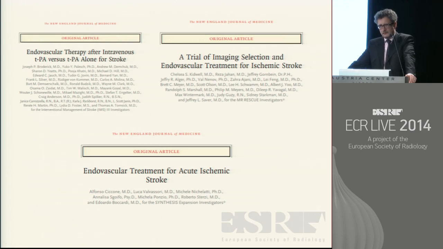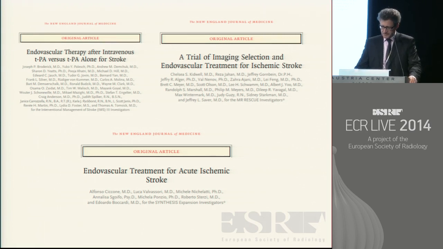So if you read the literature, probably you came across 3 papers which were published early last year. All 3 have been published in the New England Journal of Medicine. And if a paper is published in the New England Journal of Medicine, you think God has spoken to you. And now God has spoken 3 times to you, right? But unfortunately, it is not God.